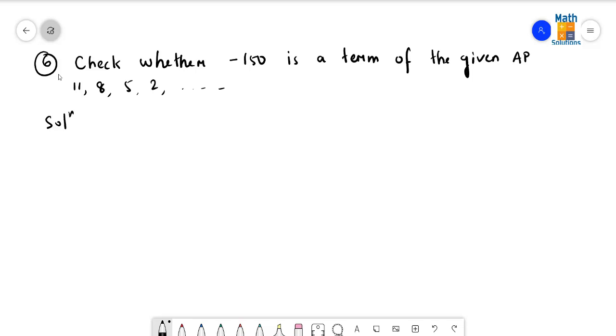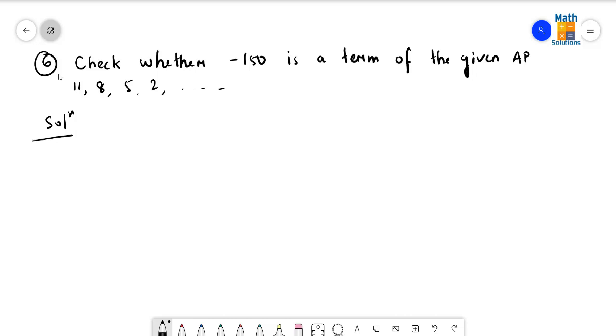So in the solution part, actually we need to consider minus 150 as the nth term. Now whether minus 150 will belong to this AP or not will be entirely dependent on the value of n. If the value of n is a non-negative, non-zero number, it cannot be a fraction or a decimal number, then only it will be possible that minus 150 is a term of this AP.